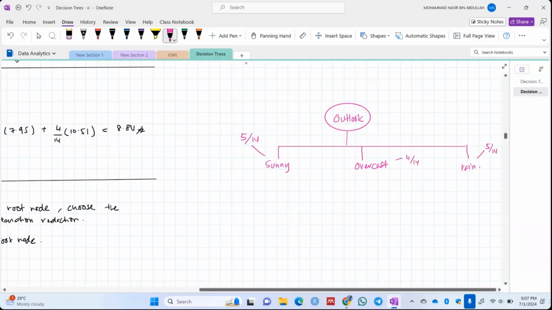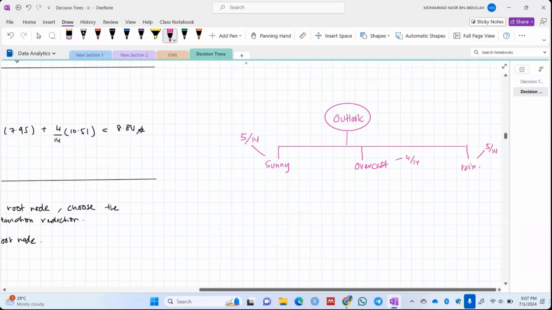So in constructing the decision tree, we need to have a stopping rule. If we don't have a stopping rule, then we will grow the tree to who knows what extent lah. So we need to have a stopping rule.